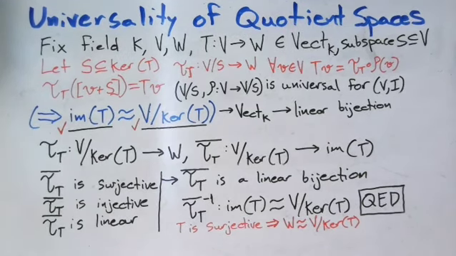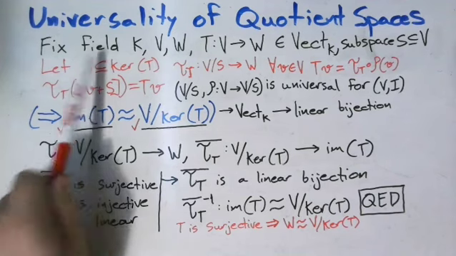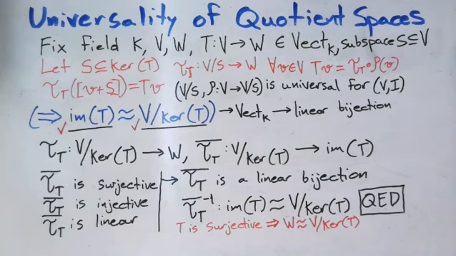The other interesting note is that at no point during this discussion did we ever rely on the fact that these field elements needed to have multiplicative inverses. So we could have done this whole discussion again, replacing this field K with some ring R. And so what would the equivalent of the vector space be if we were using a ring instead of a field? Well, it would be an R module.